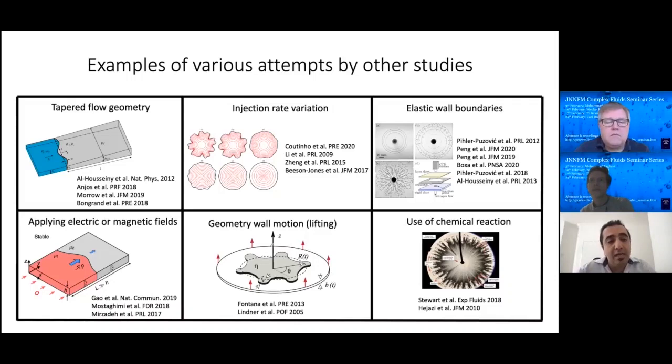For example, using tapered flow geometry, inducing injection rate variation, elastic wall boundaries to control the displacement, applying electrical or magnetic fields, using geometrical flow motion, which is known as lifting Hele-Shaw cell, or the use of chemical reactions for inducing macroscopic diffusions.